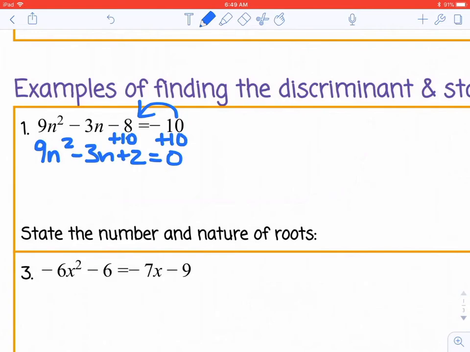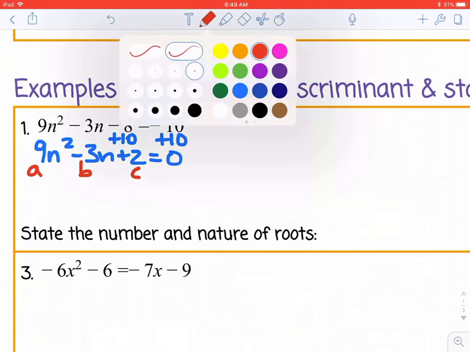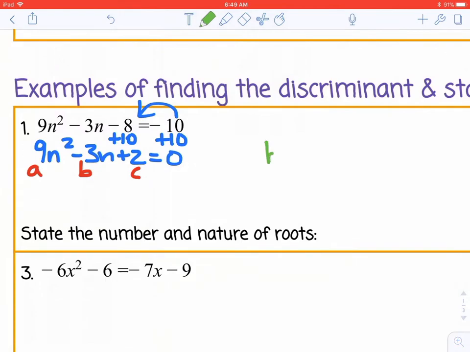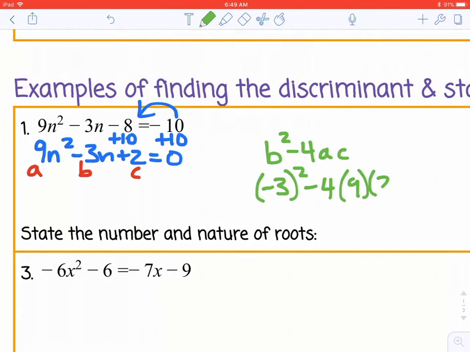And so we have a is 9, b is negative 3, and c is 2. And then we want to use our discriminant formula, b squared minus 4ac, and plug in our b, a, and c. So b would be negative 3 squared minus 4 times a, which is 9, and c, which is now 2. And then we just have to simplify and figure out what the value would be.